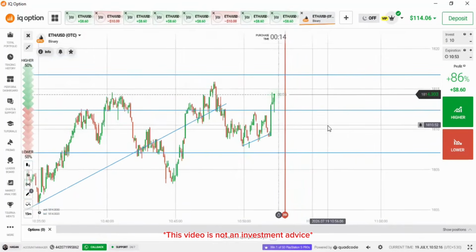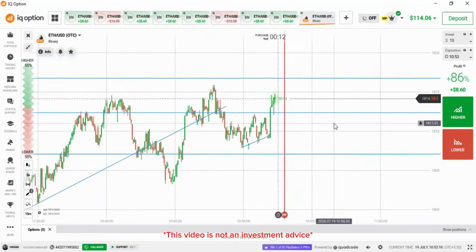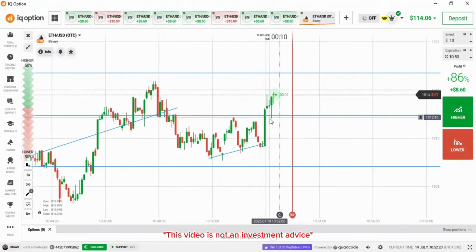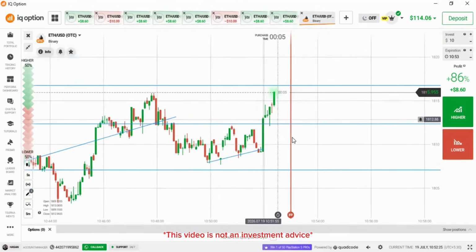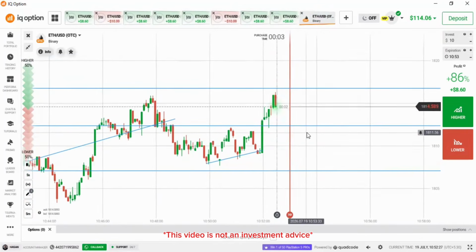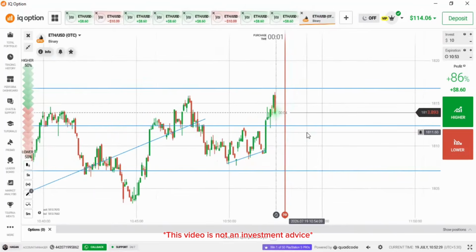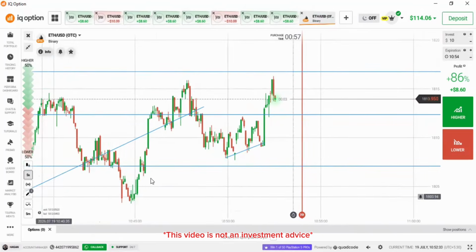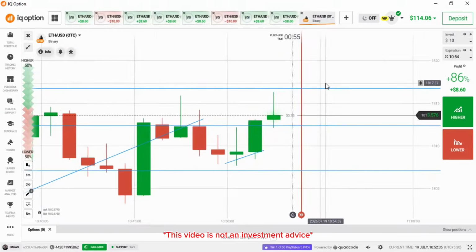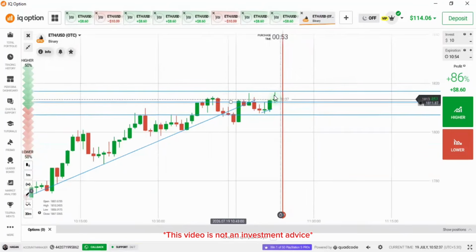Okay. So there is a confirmation, but it got rejected again. Already we are seeing a strong buyer's entry. Okay. So still the market is at the order block area.